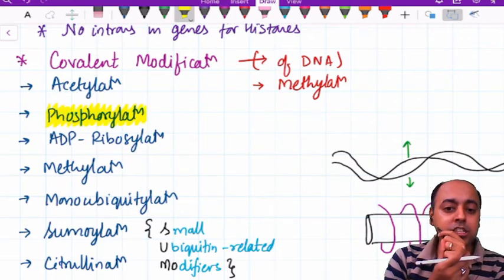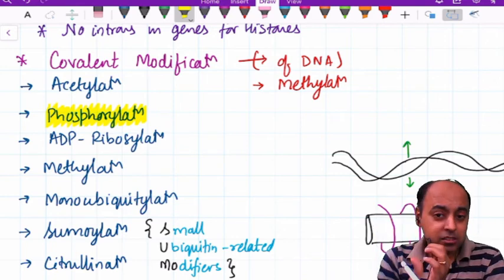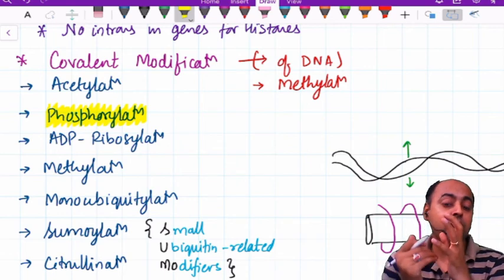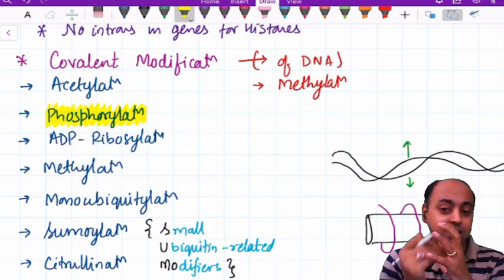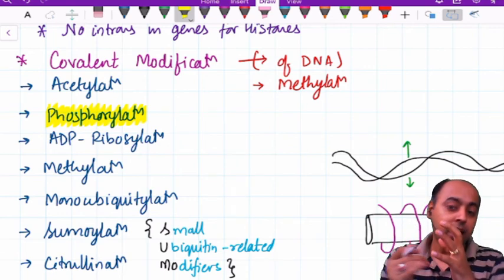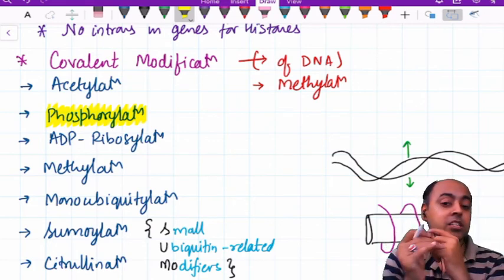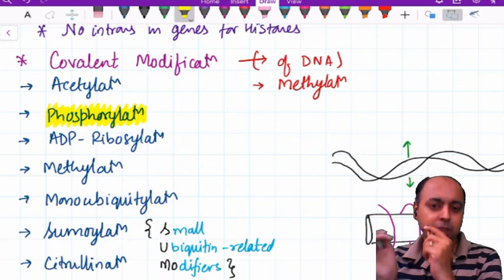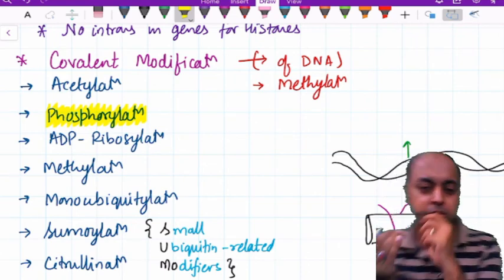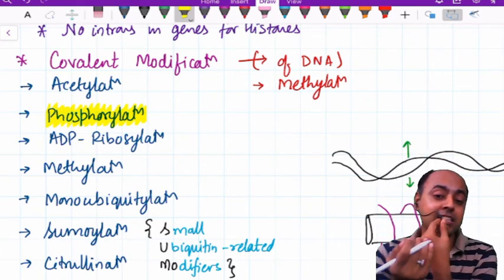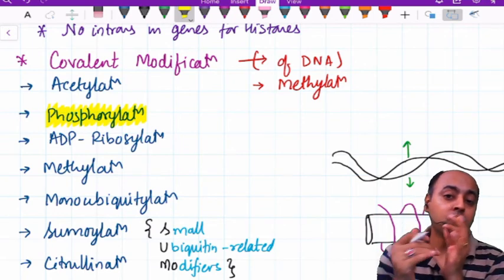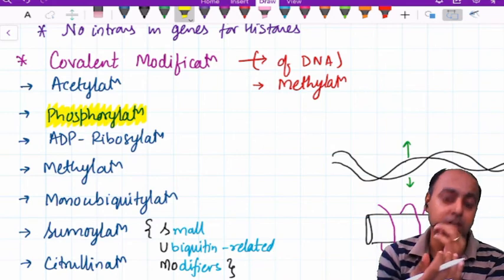What will happen to its basic nature? Obviously the basic nature will decrease. When the basic nature decreases, the attraction between that segment of histone and the DNA will decrease. Therefore the separation of that segment will be easier, and the transcription, even replication, in that segment can occur more easily. We are more concerned with the transcription part, not the replication part. So transcription can occur more easily in that segment. In other words, the genes present in that segment will be transcribed more frequently.